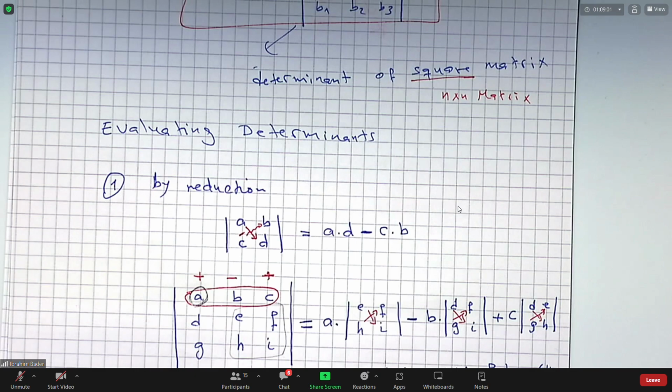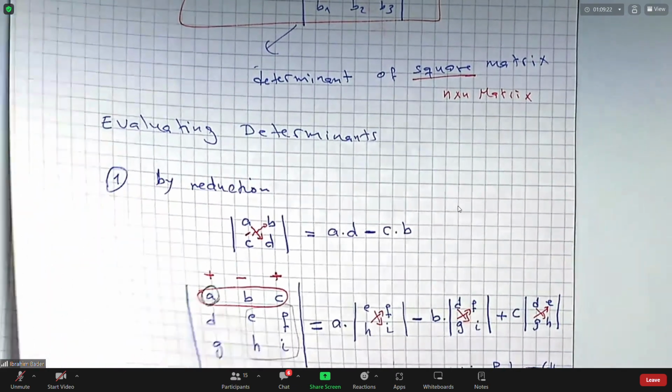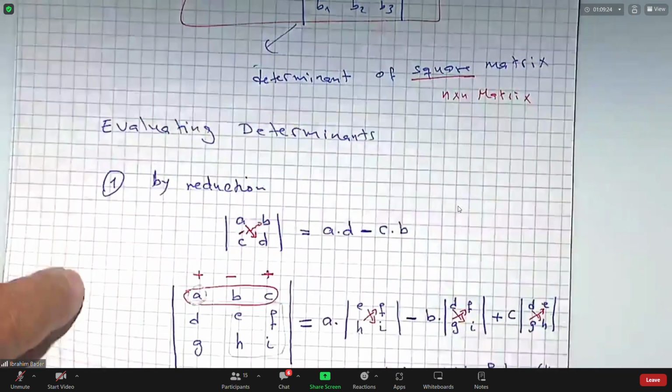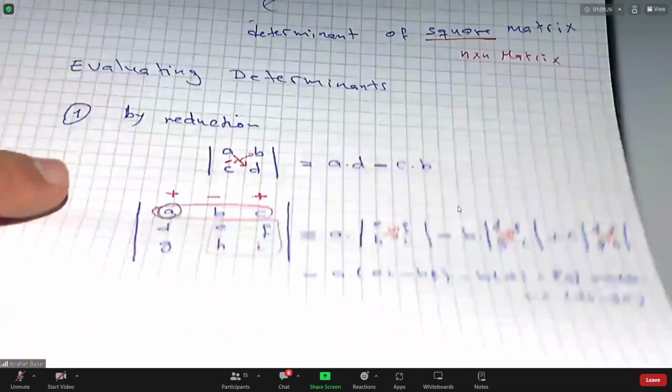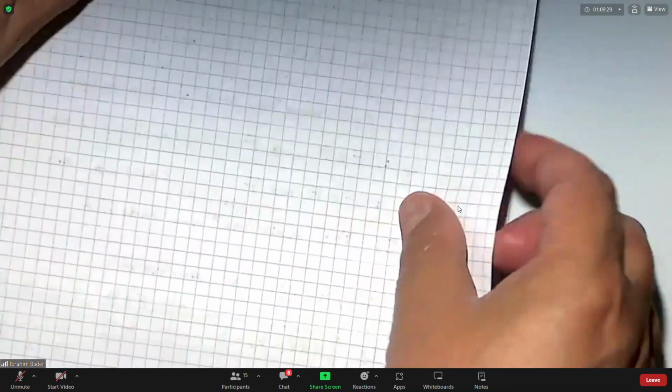You mean with that 3 times 2 determinant, that determinant that has 3 rows and 2 columns, or the other way around? It's not possible. Now, there is another method for evaluating determinants, which is called the method of Sarrus, I think.